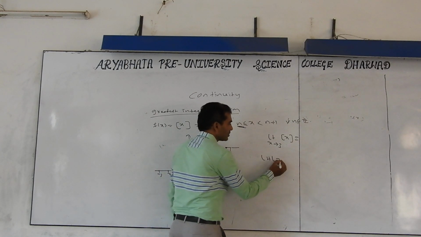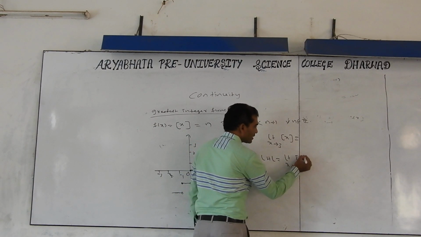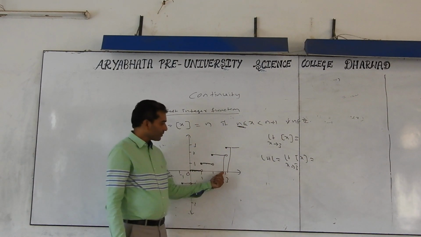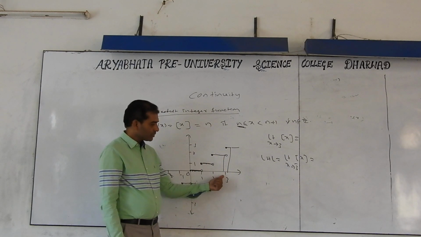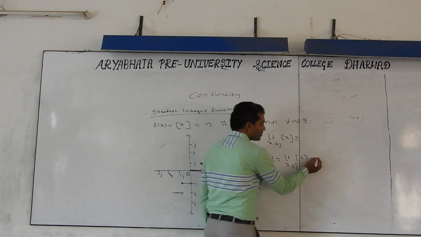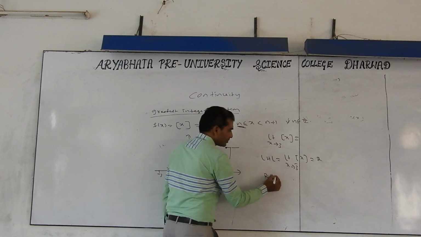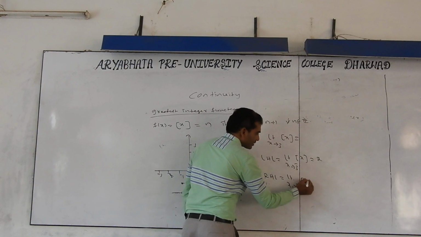LHL: limit x tends to 3 minus of step x. 3 minus means below 3. Below 3, what is the value? 2. For 2.9, step of 2.9 is 2. RHL: limit x tends to 3 plus of step x.